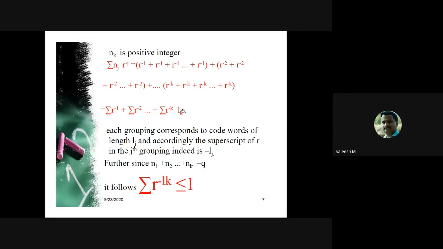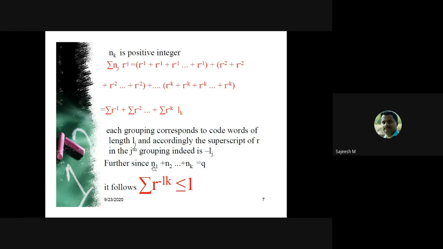Then we can see each grouping corresponds to code words of length lj, and accordingly the superscript of r in the jth grouping is indeed minus lj.